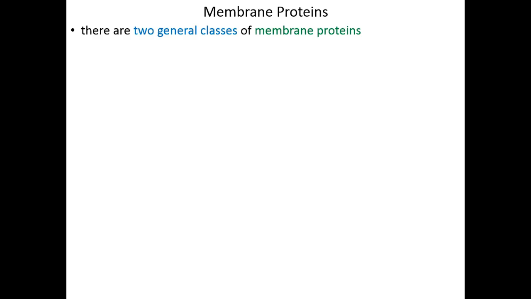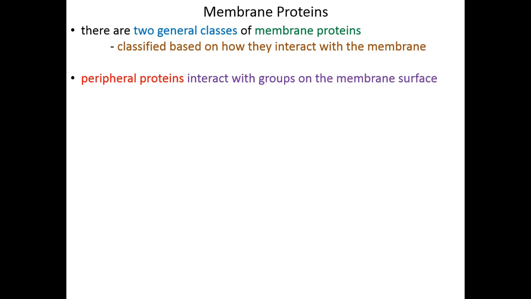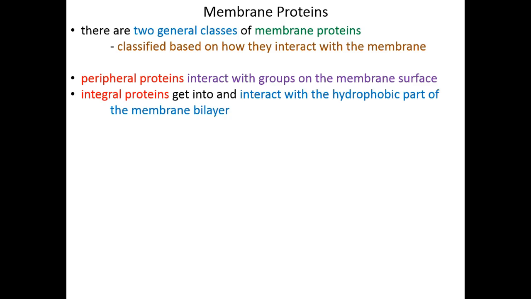In general, there are two classes of membrane proteins, and the classification depends upon how those proteins interact with the membrane itself. We have some proteins that really just transiently interact with the surface of the membrane. They're doing nothing more than making hydrophilic or charged contacts with the hydrophilic head groups of the membrane lipids. We call those proteins peripheral proteins because truly they're just on the periphery of the membrane.